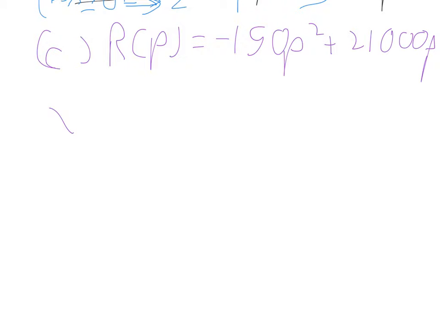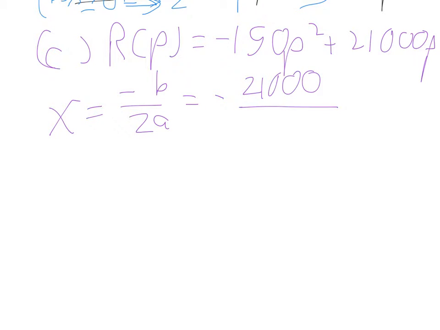So the formula for the x part of our vertex is just negative b over 2a. That'd be the opposite of the number in front of P, which would be 21,000, all over 2 times a, which would be negative 150.